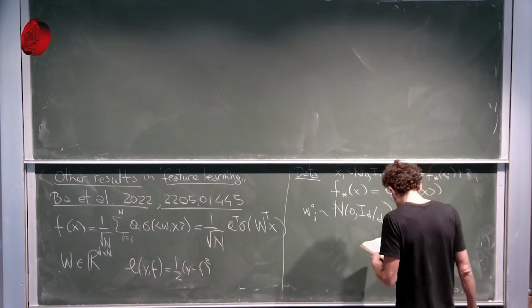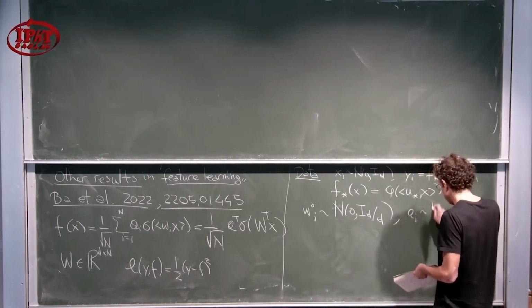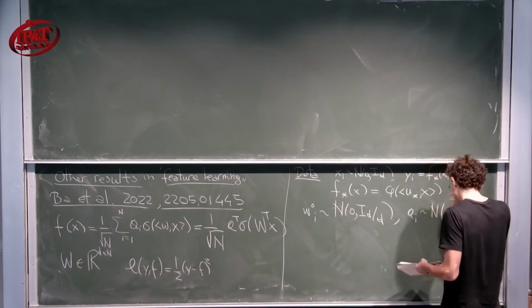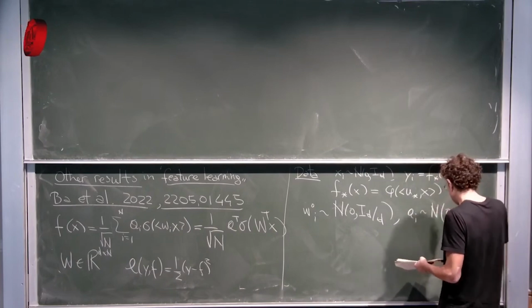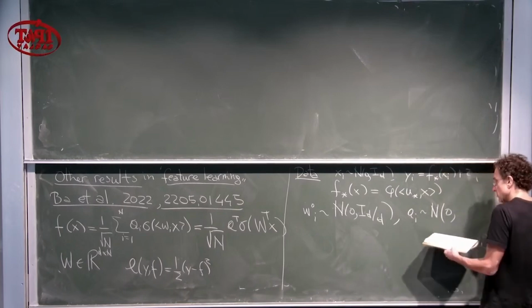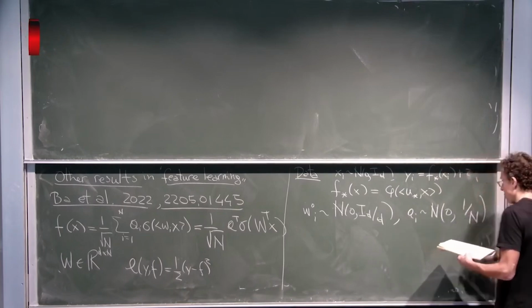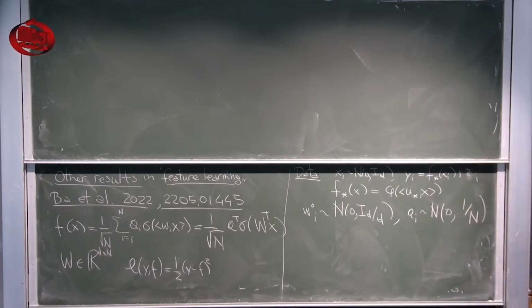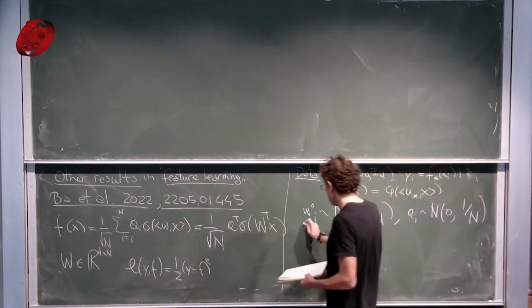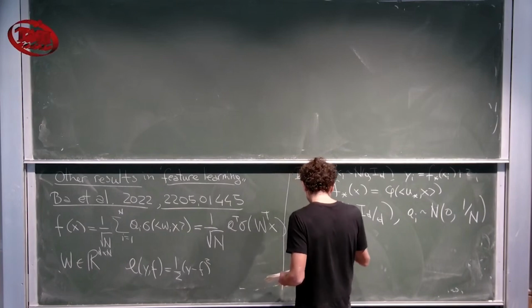One difference is that they take the initialization of the a_i to be not much different. Actually, if you think about it, it's not different at all. If you look at the 1 over square root of n times a_i, this is 1 over n.